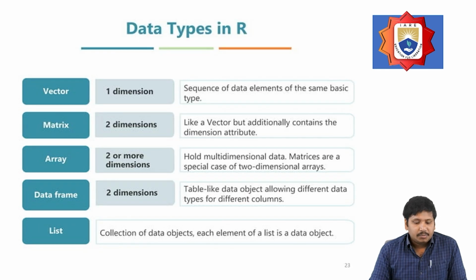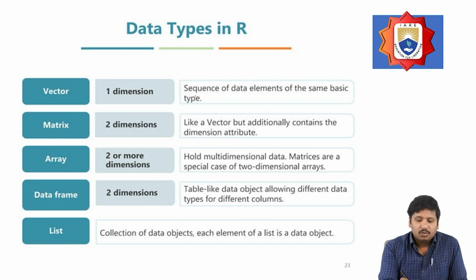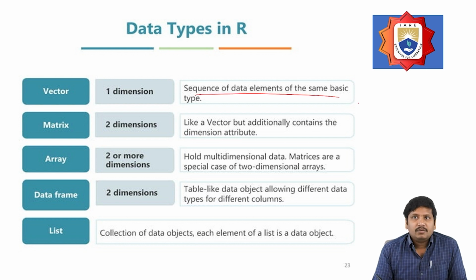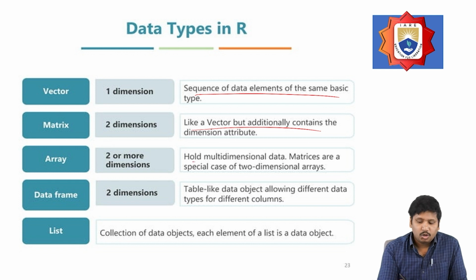And some other data types are vector, which is one dimension and should be considered as a sequence of data elements. Matrix is two dimensions, which is like a vector but additionally contains the dimension attribute. Array is two or more dimensions, which means it can hold multi-dimensional data.